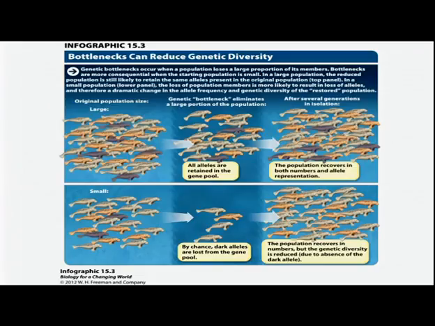Right? And then those guys bounce back to survive and reproduce, and so you go back up to hundreds or thousands. But whoever happened to be left over in that big event are the ones whose alleles end up in that new population.